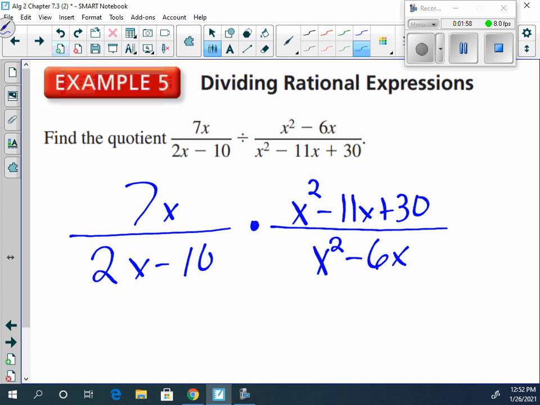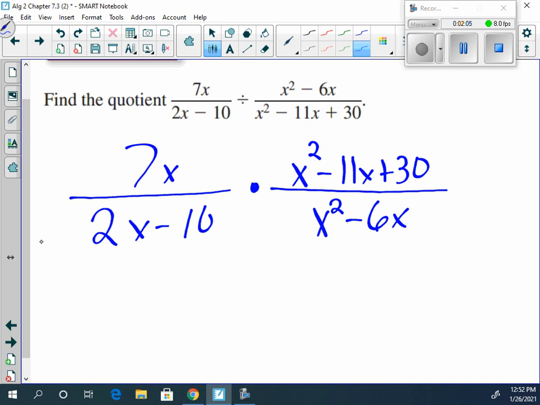So division isn't a huge part different than multiplication, because we're changing it from division to multiplication, and flipping that second fraction.